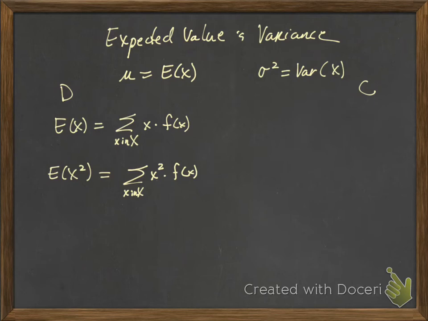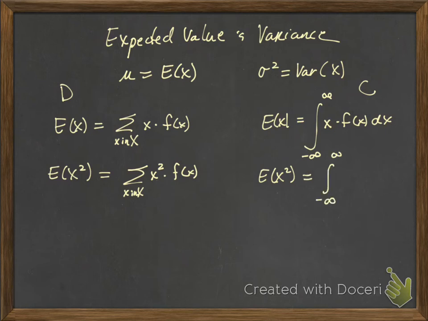It's very similar in the continuous case. E of x is equal to, instead of a sum, we're going to integrate over the whole reals x times f of x dx. Similarly, E of x squared means we're going to integrate x squared f of x dx.